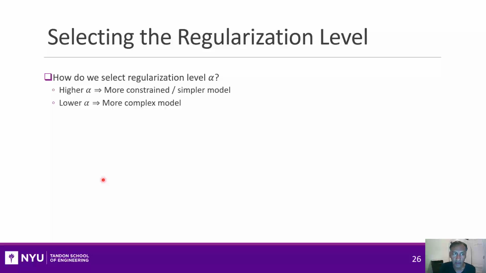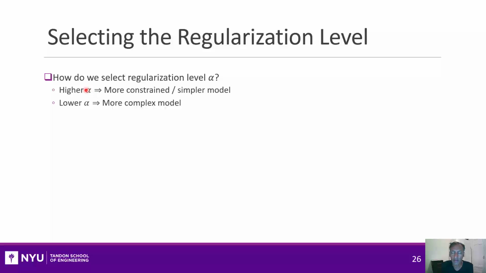The final thing is, how do we select this regularization level? So if you saw, both of the regularizers in the L1 and the L2 case had this alpha, and greater alpha meant it was more regularized and less alpha was less regularized. So one way to think about that is that if I have a higher alpha, I'm constraining those solutions more.